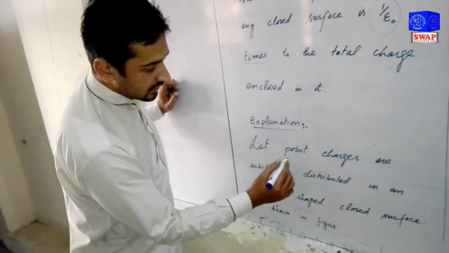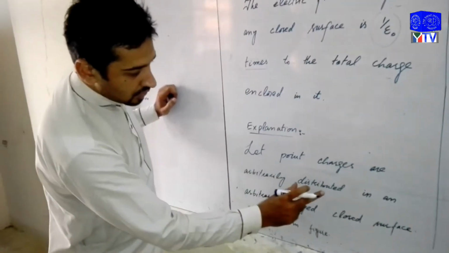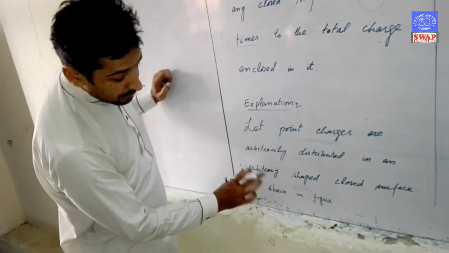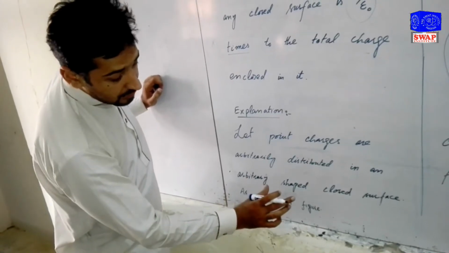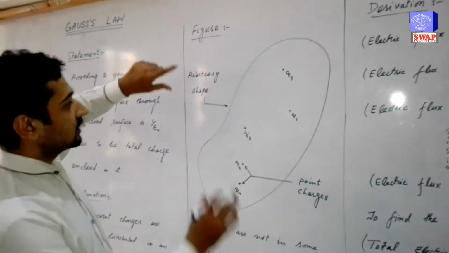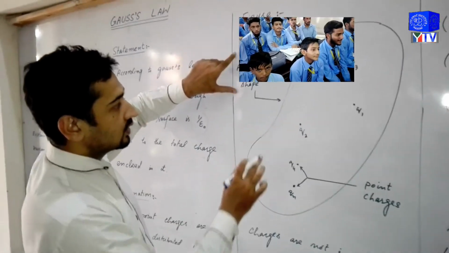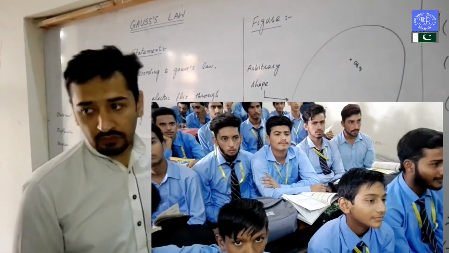Let there be some point charges arbitrarily distributed in an arbitrarily shaped closed surface, as shown in the figure. This is an arbitrary shape, a random shape, not a fixed shape.